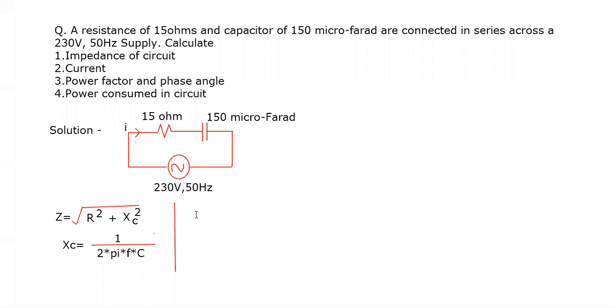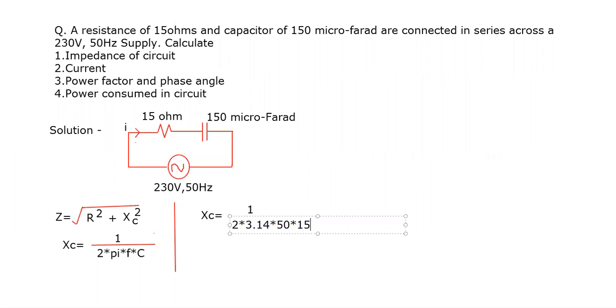Okay, so XC is equal to, we put the values: 1 by 2 multiplied by 3.14, frequency given is 50 hertz, C is what? 150 microfarad.